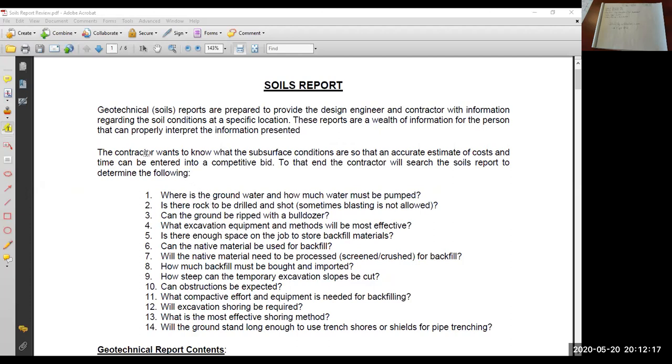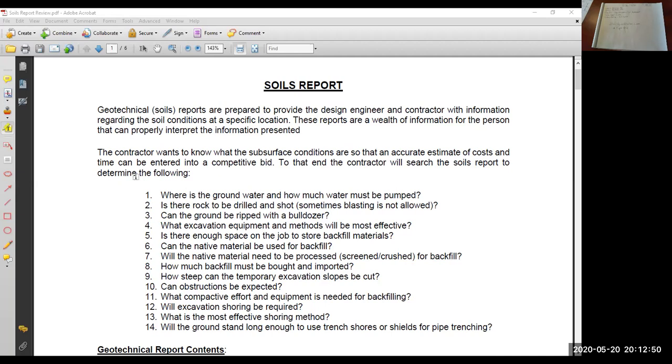It'll give you a summary of what a soils report does, how it can help you as the estimator, and what the purpose of the soils report is. Its intended purpose isn't initially for the estimator. It's for the designers. So we'll spend a few minutes on the soils report, and then we'll do the example of the Shotcrete soil anchors.